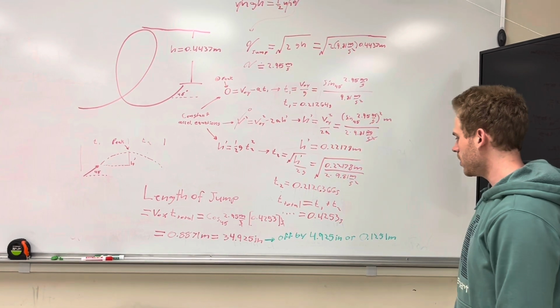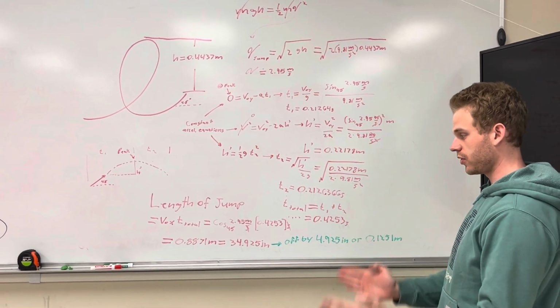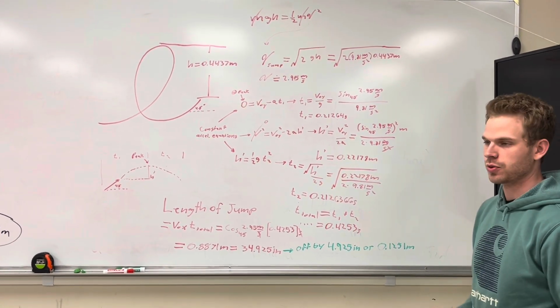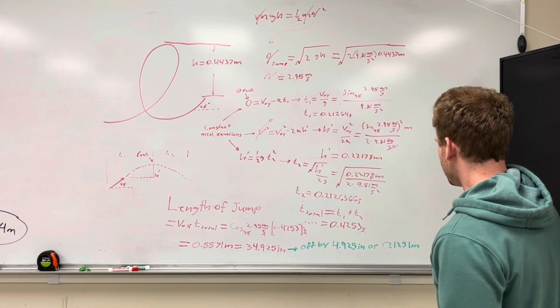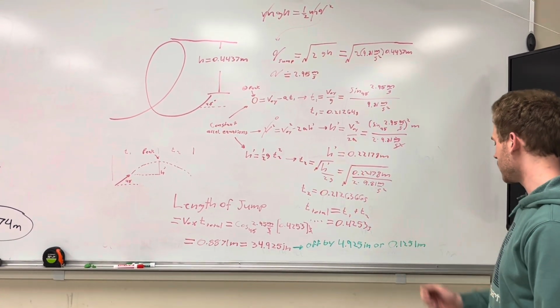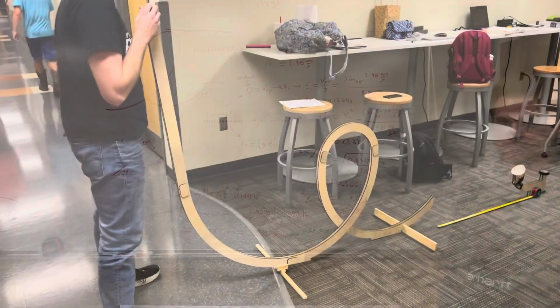In the video, we were off by 4.925 inches, so it traveled 30 inches instead of 34. I only converted to inches so that it would be easier to use a tape measure. So we were off by 4.925 inches, or 0.1251 meters.